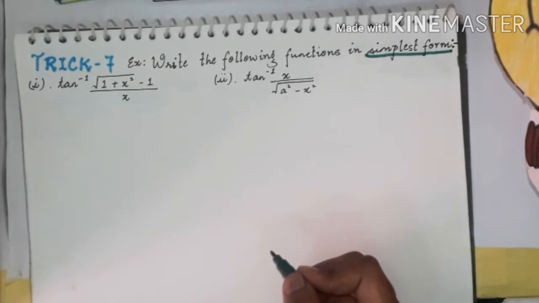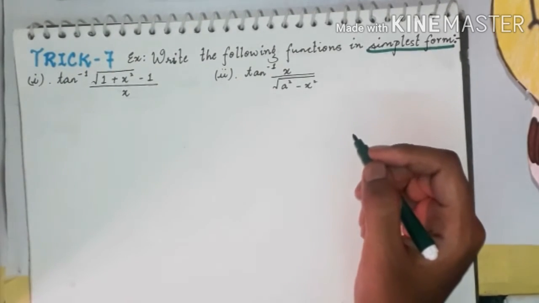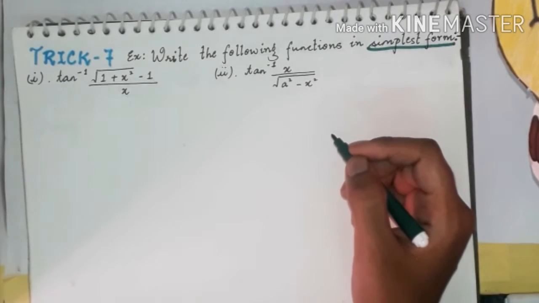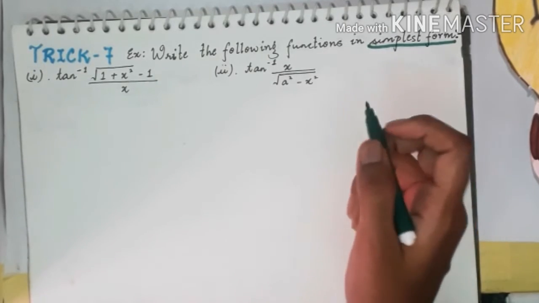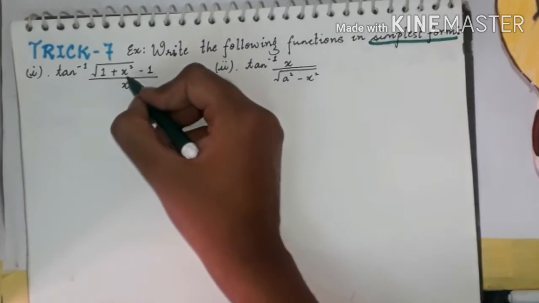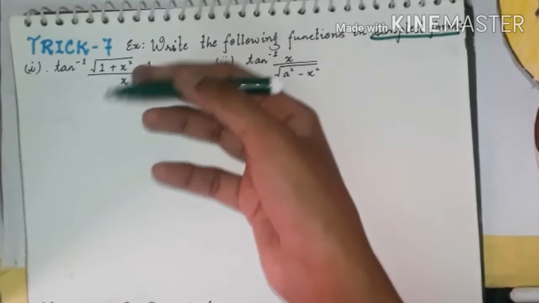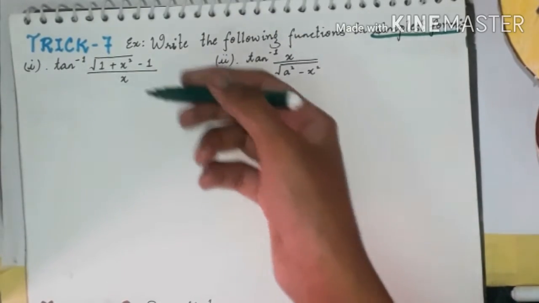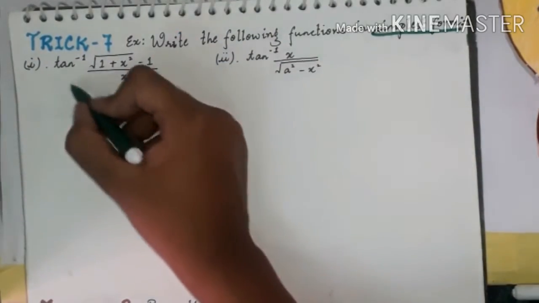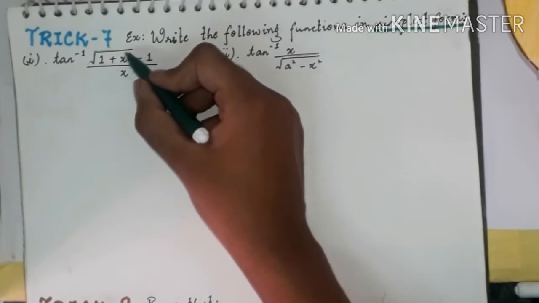You just recall. It resembles 1 plus tan square theta is equal to sec square theta. And also 1 plus cot square theta. It means you can give x either the value of tan theta or cot theta. So here, since you are having tan inverse, give the value of tan theta to this x.